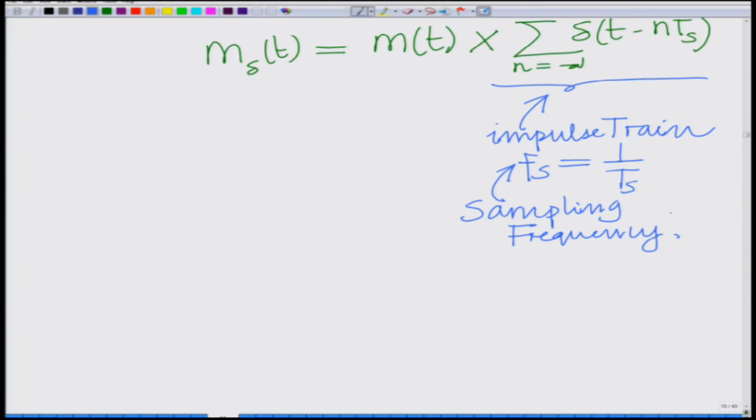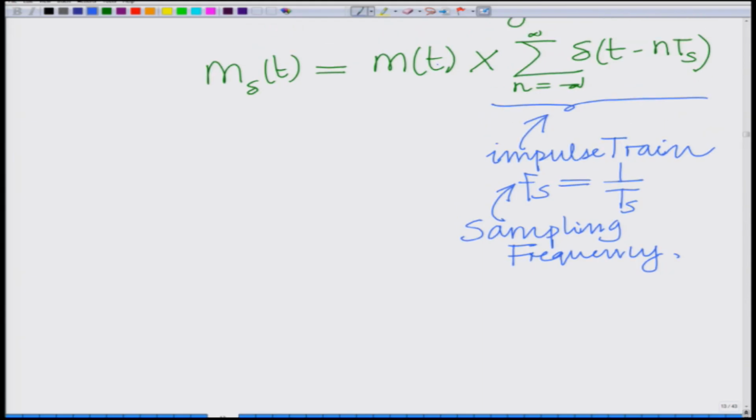And now, we are multiplying m(t) by this impulse train, that is m(t) times summation n equal to minus infinity to infinity delta(t minus nTs), and each impulse at nTs, right, picks the value of the original signal m at nTs.